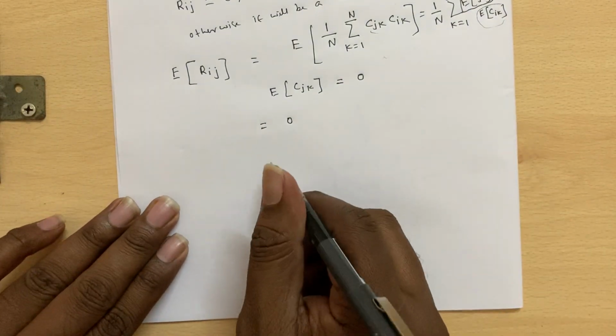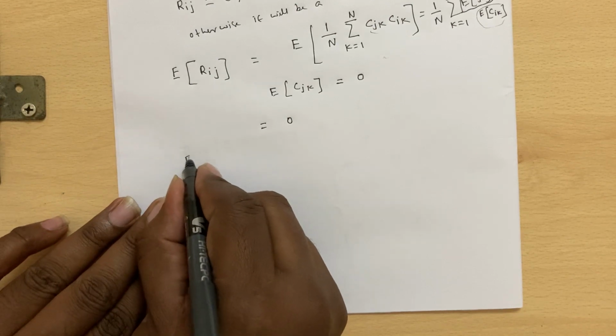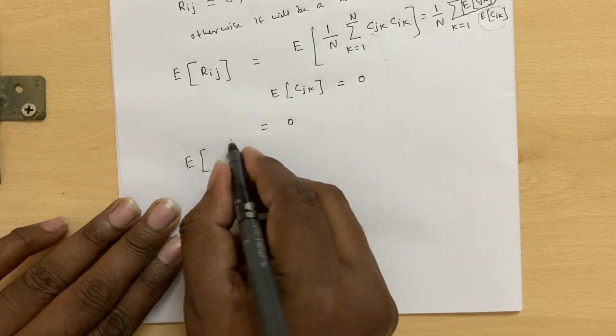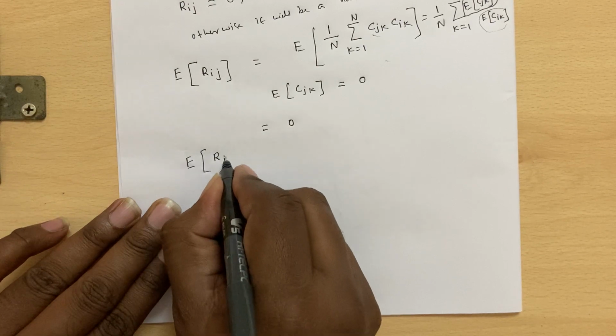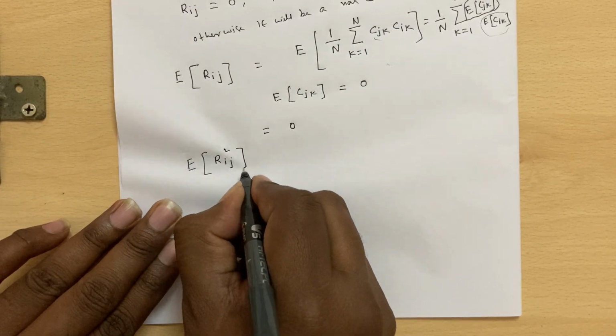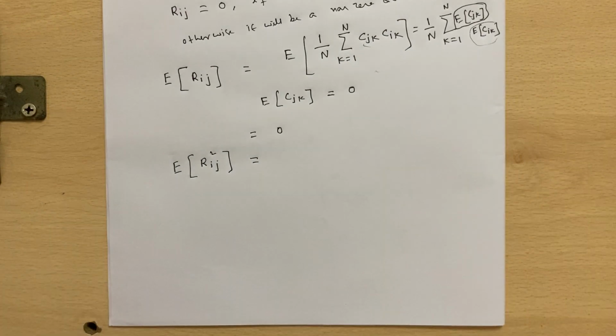Another statistic we want to find is the mean square value of the cross correlation function, which is the square of it. We will use this relation later.